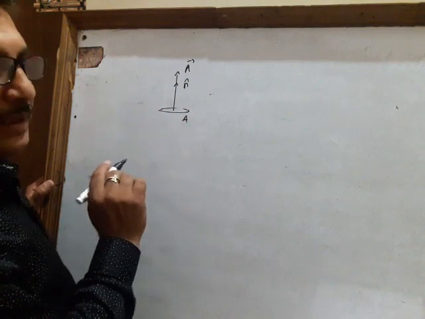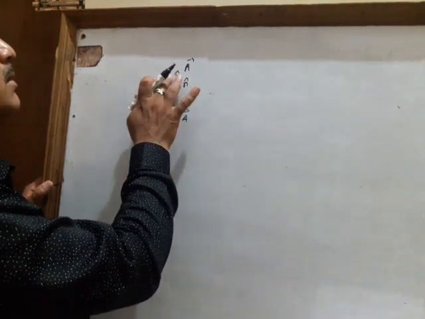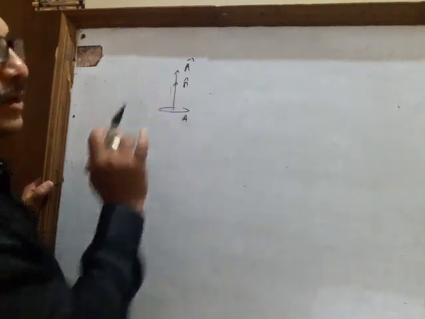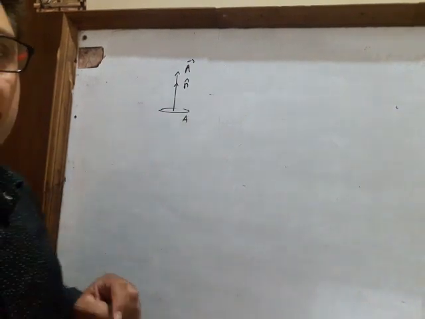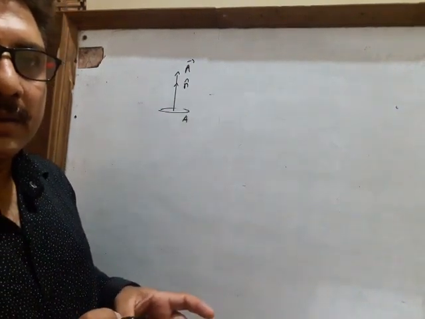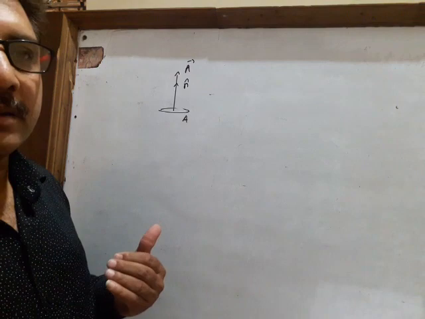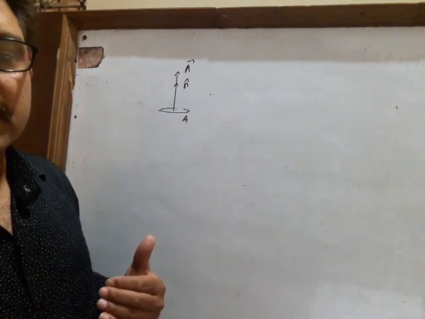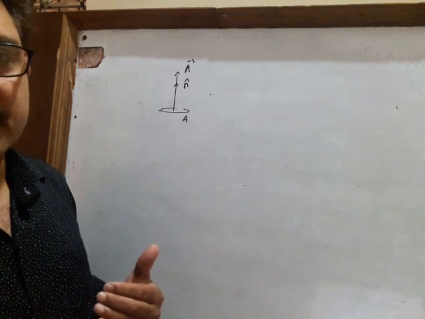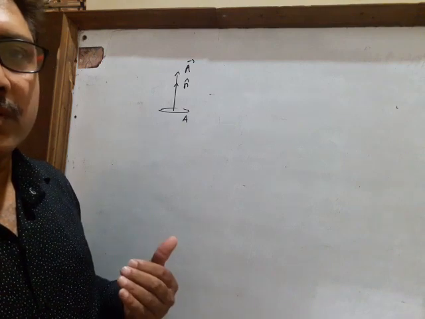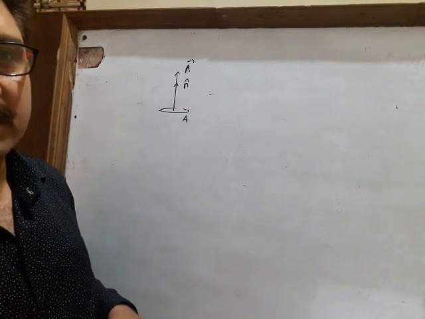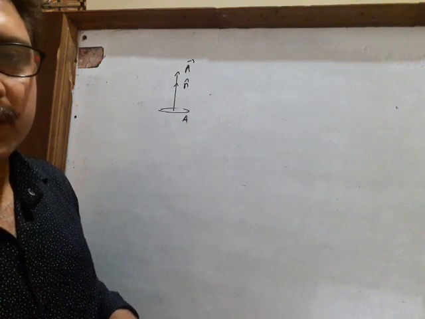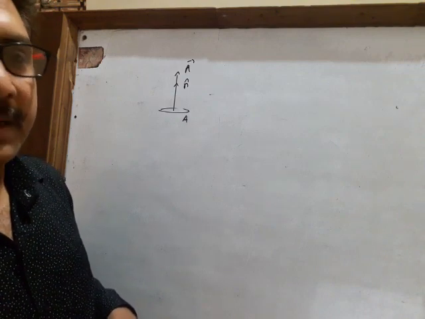This is the direction of the area vector and the length of the arrow gives the magnitude of the vector A. Area is treated as a vector here in this chapter because the orientation of area changes in the field. So we consider area as a vector, otherwise for the first time you are observing area as a vector.